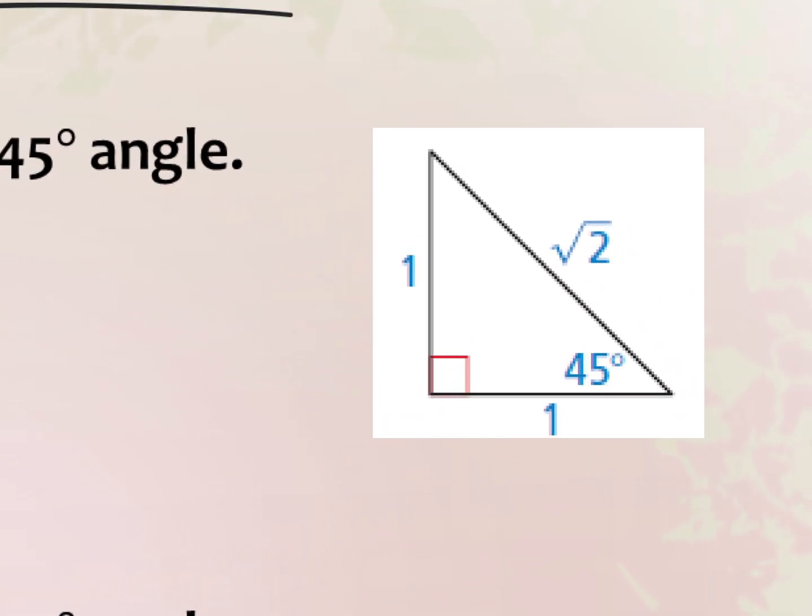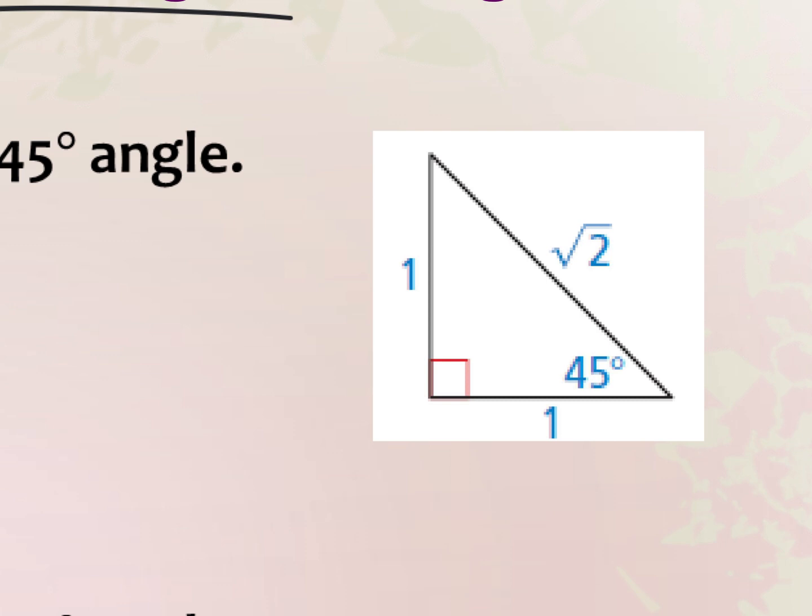And in a 45, 45, 90, you know that if your leg is A, so if A is equal to 1, then your hypotenuse is the square root of 2 times A. But if A is 1, then your hypotenuse just becomes the square root of 2. So now let's look at this angle and say, what would the sine of 45 degrees, what ratio would that give me?